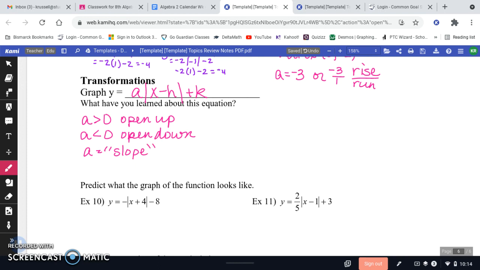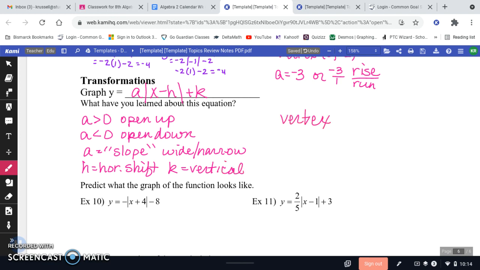It tells you whether your graph is going to be wide or narrow, or the steepness of the graph, you might say. H is a horizontal shift, k is a vertical shift, and your vertex can be found from h, k. So that's what we just summarized.